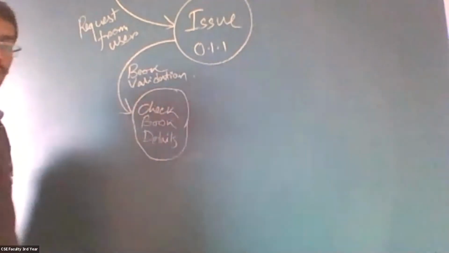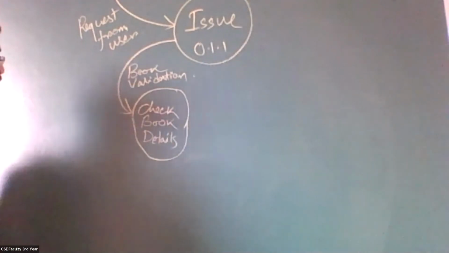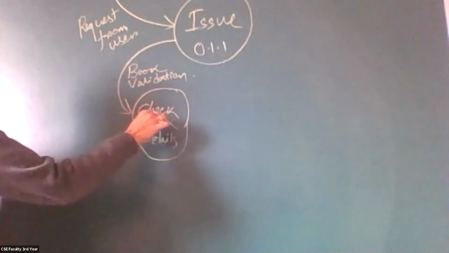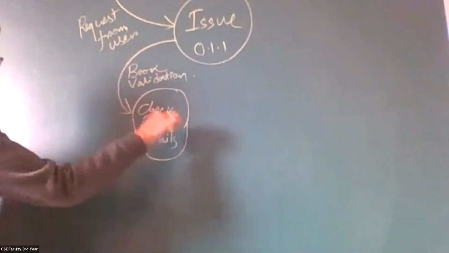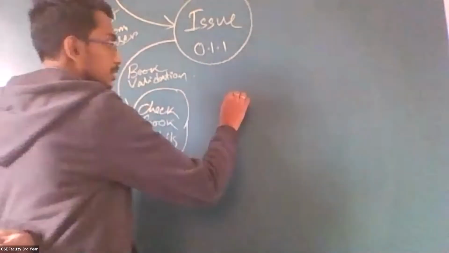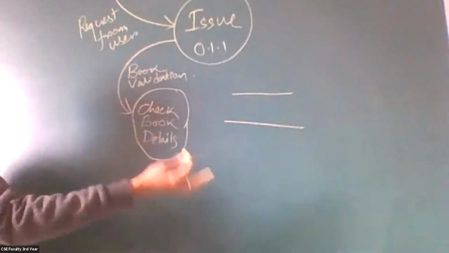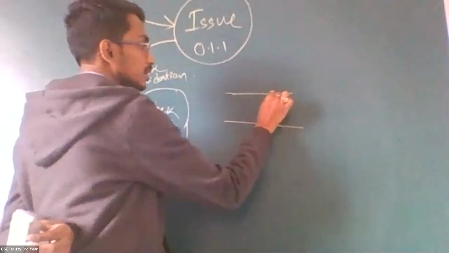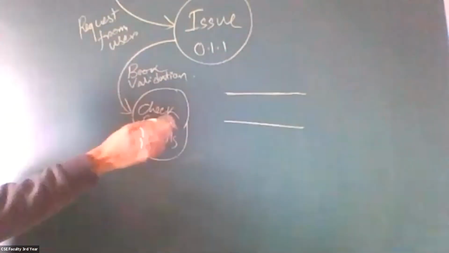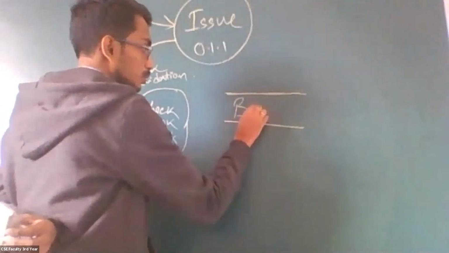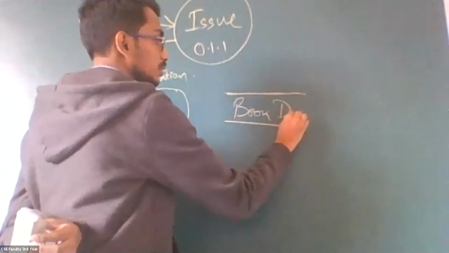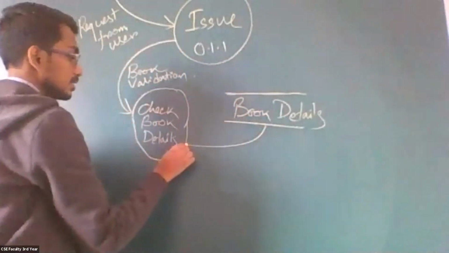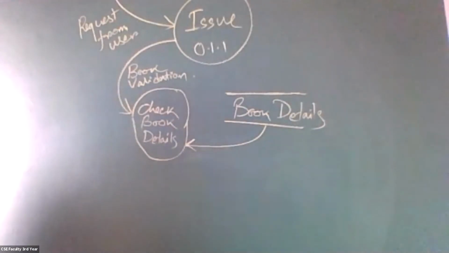Now, if the book is available, for check book details, this process, we need to access the database because without accessing the database, the process will not work. How can this process check the book's availability? The information is stored in the book details database. So it is accessing the book details.